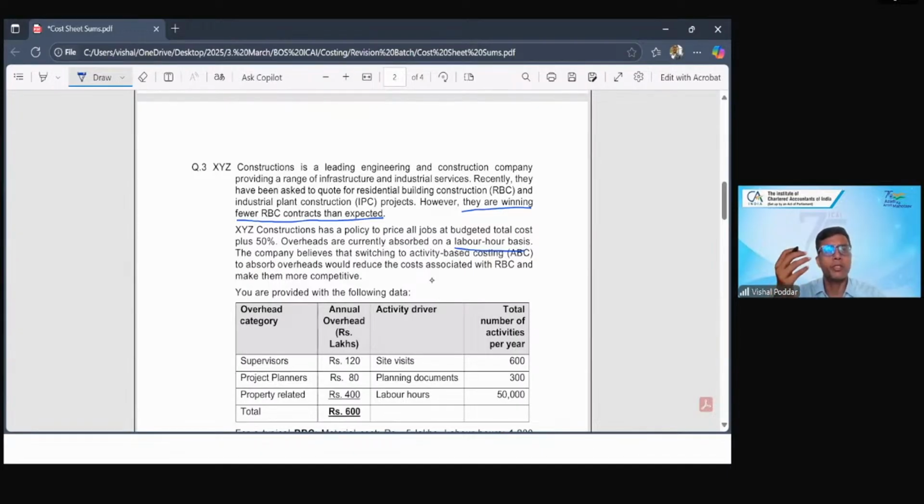And when you do ABC management, that is activity-based management, it will definitely reduce the non-performing activities or the non-value adding activities. Once all those are removed, automatically your overall cost will come down.